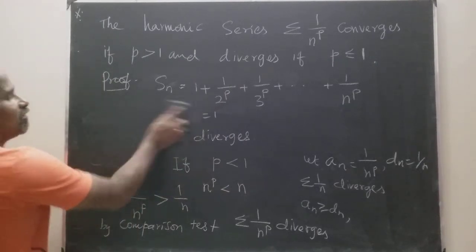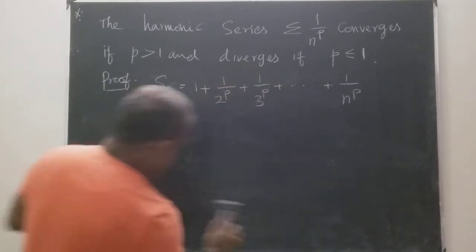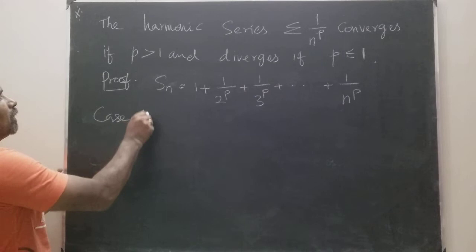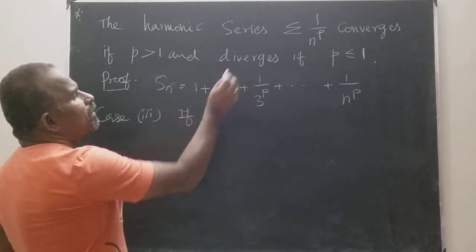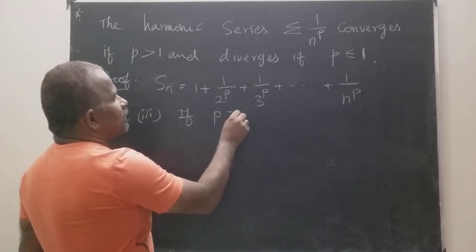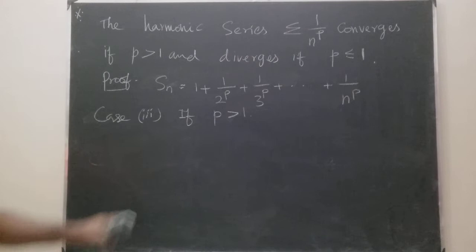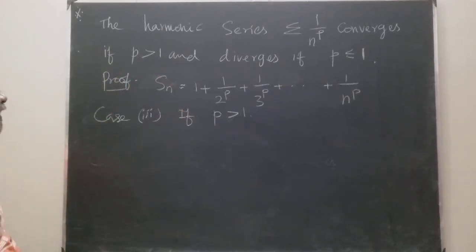So we are coming to the third case. Case 3. If p is greater than 1. We know that Sn is the sequence of partial sums of the series.